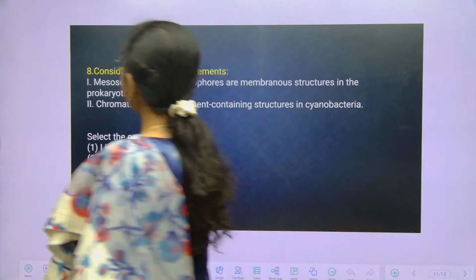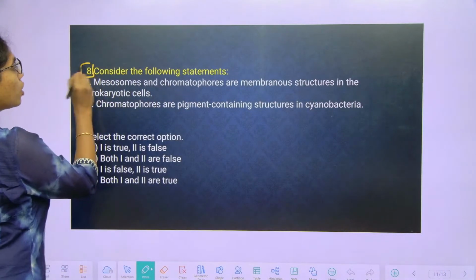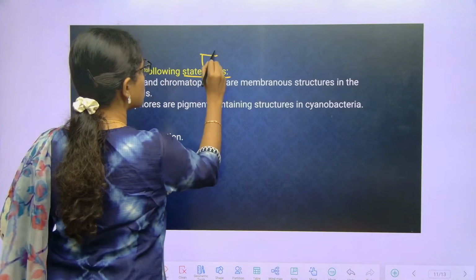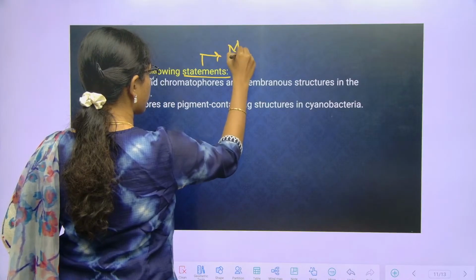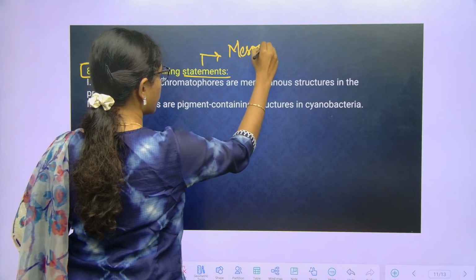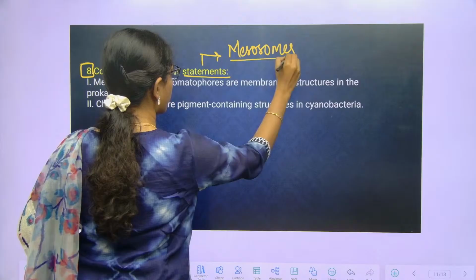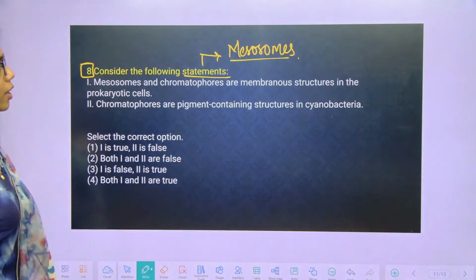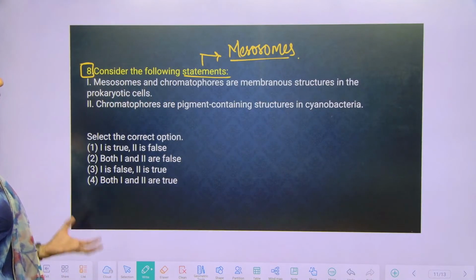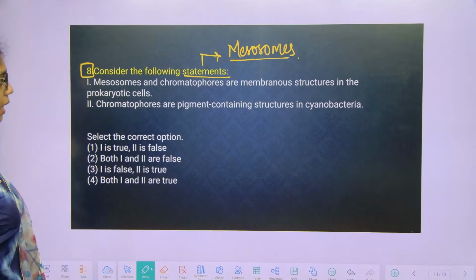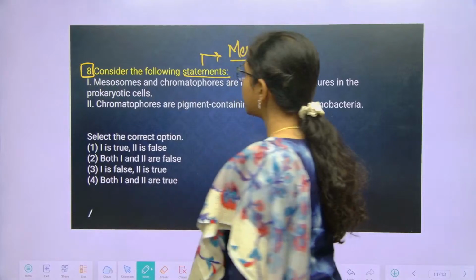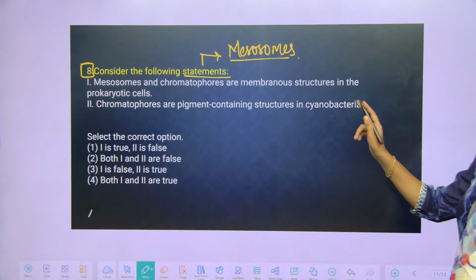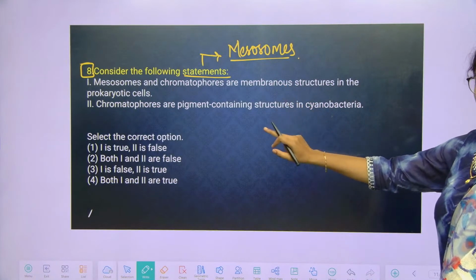Consider the following statements. Here the statements are again on mesosomes. Mesosomes are chromatophores. They are membranous structures in a prokaryotic cell. Chromatophores are pigment containing structures in cyanobacteria. That is true.